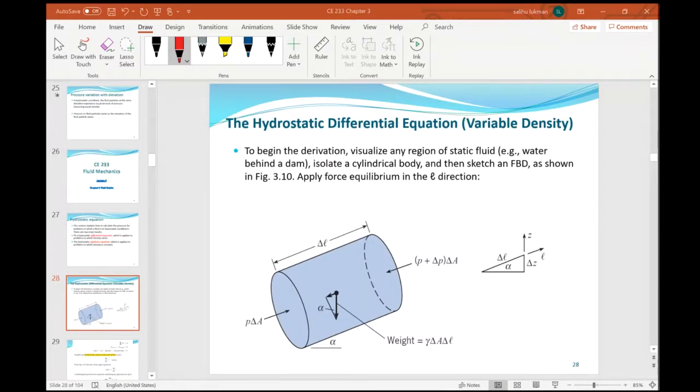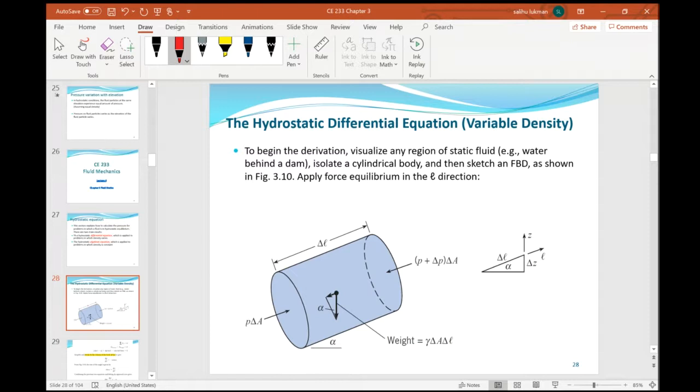Okay. Now the hydrostatic differential equation. Let's see. Okay, it is showing. Like I said, I just moved back a few slides before where I started, because I realized that I mistakenly skipped some slides which introduced the piezometric equation, or the piezometric pressure head.